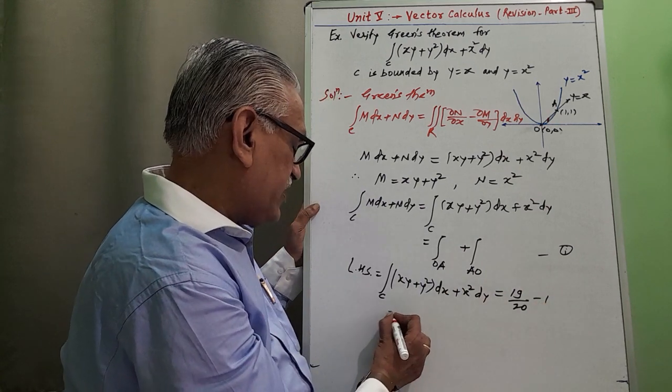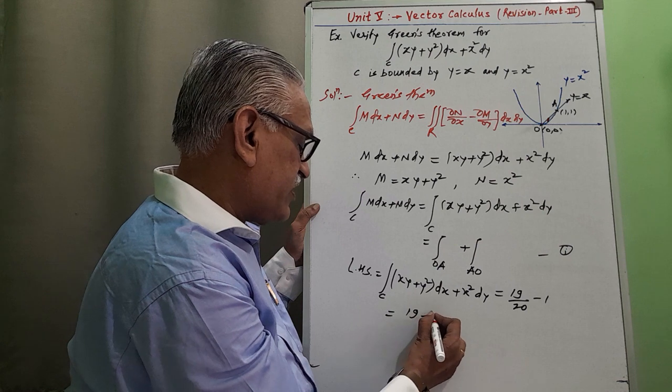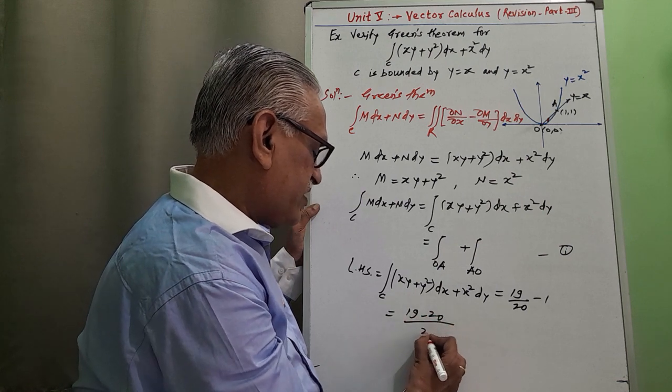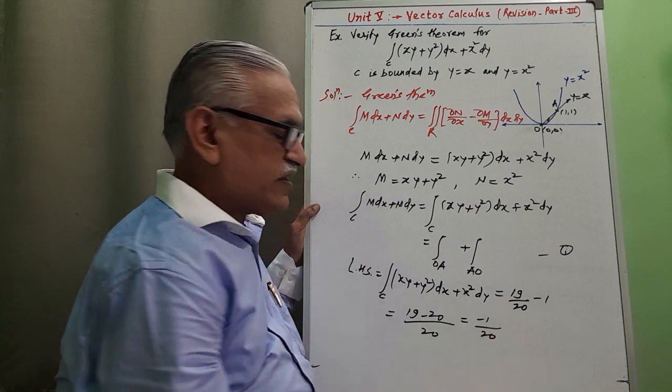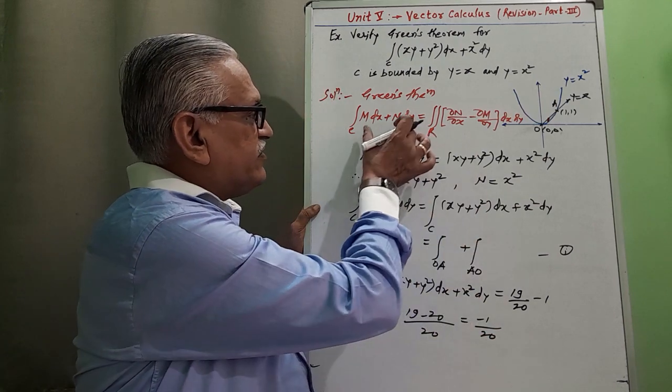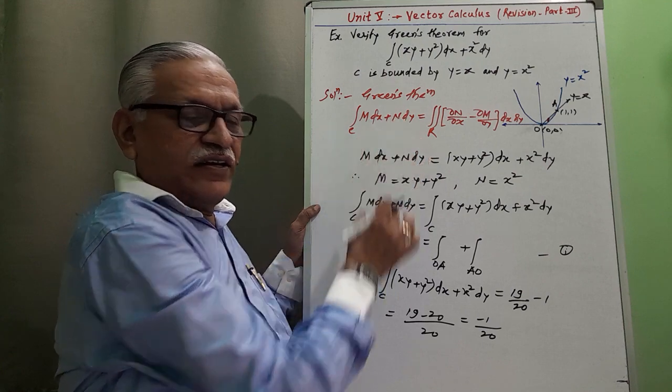Finding LCM, we get 19 minus 20 divided by 20, and therefore the value is minus 1 by 20. This is the value of the left hand side, the value of that line integral.